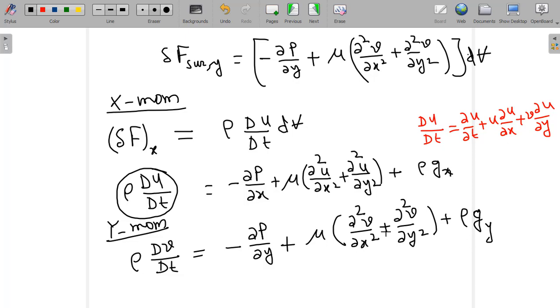Okay, so this is the y momentum equation, and this is basically the Navier Stokes equation under these assumptions.